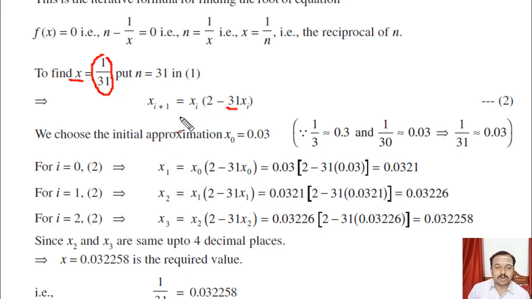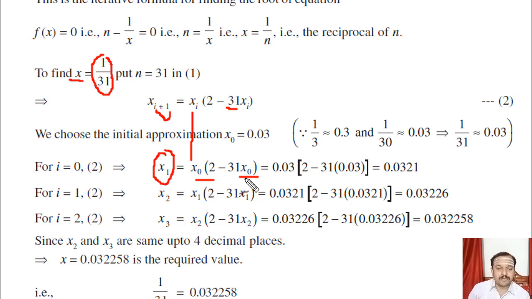Here i equal to 0 means i plus 1 is 0 plus 1, so we are going to get x1 in terms of x0. Please observe, i equal to 0 we are substituting, therefore x0 into the bracket 2 minus 31 x0. So we want x0.